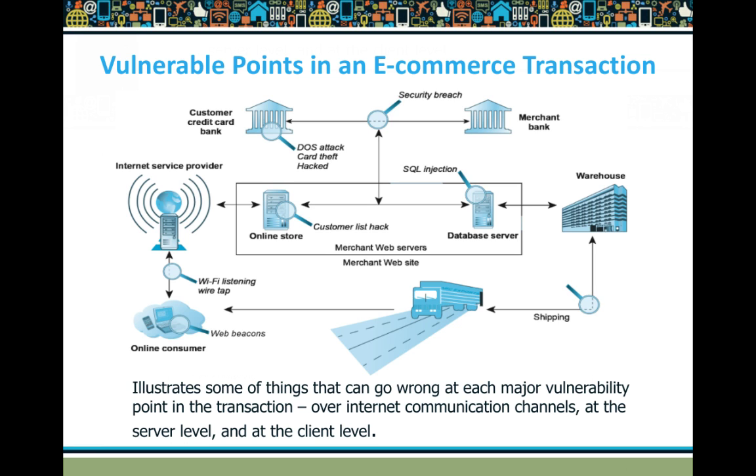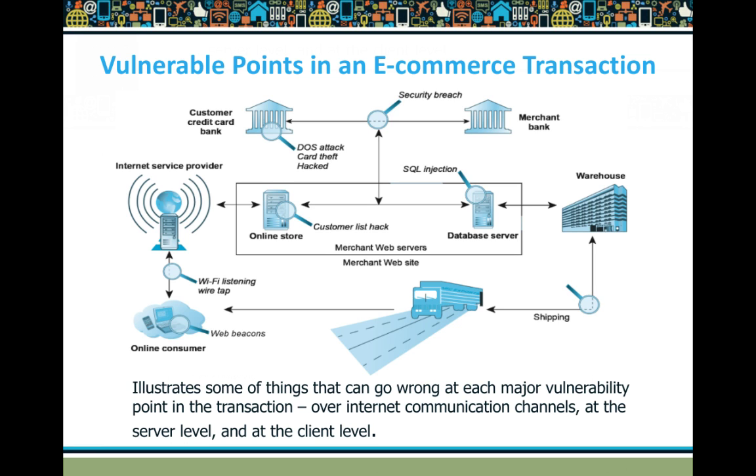Your activities are getting recorded by a web beacon. It's a small icon that gets attached to the web browser and records all your activities. So that is one type of attack that can happen at the side of the online consumer. Now coming to the merchant's bank.